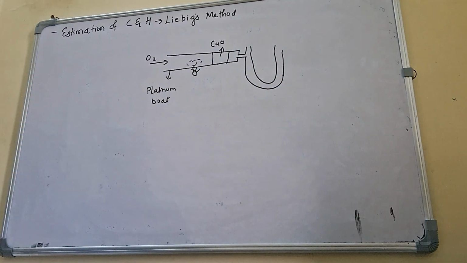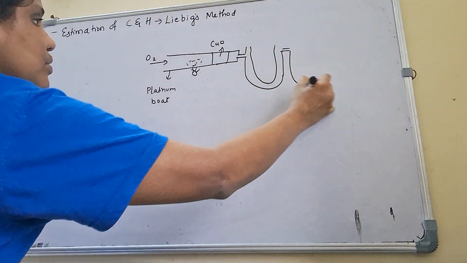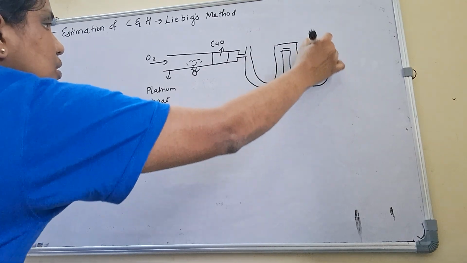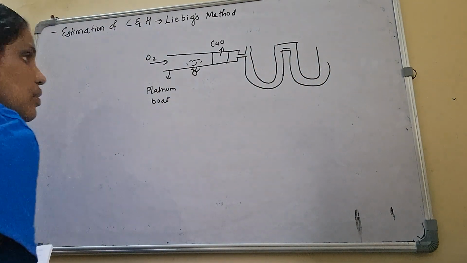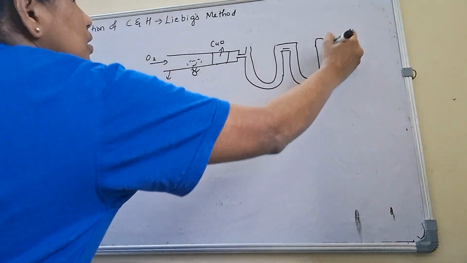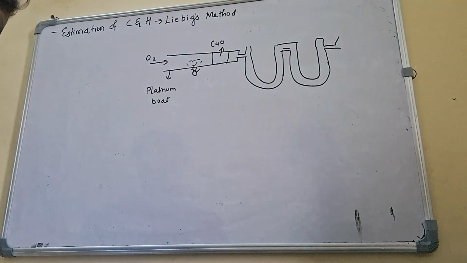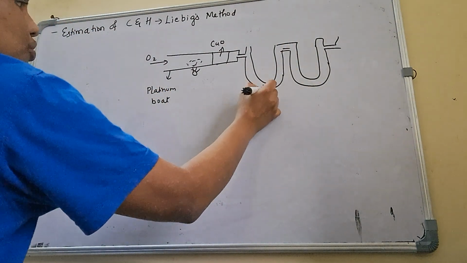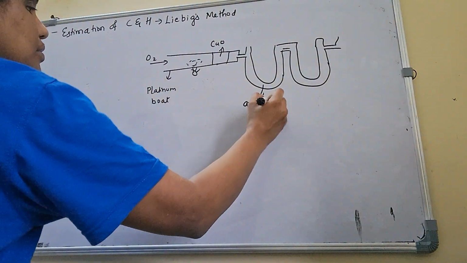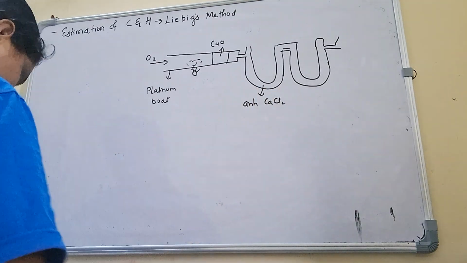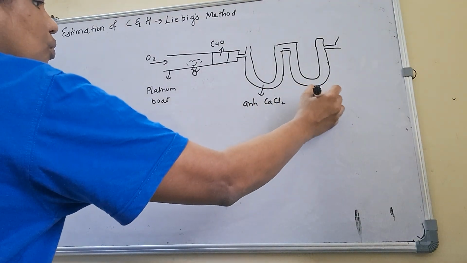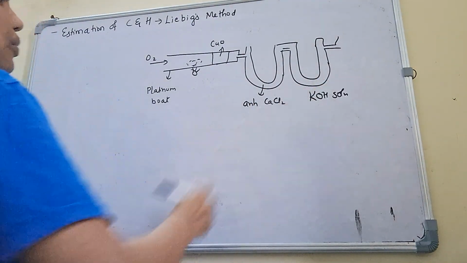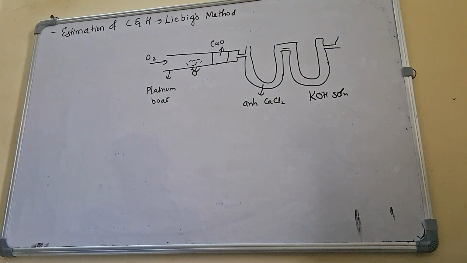One is this and one is this. Okay, so here you have anhydrous calcium chloride, and here you have KOH solution, potassium hydroxide solution. Okay, let us try to understand this setup.